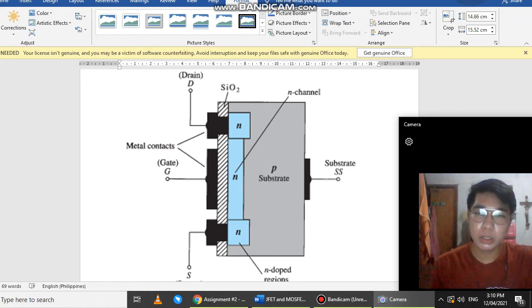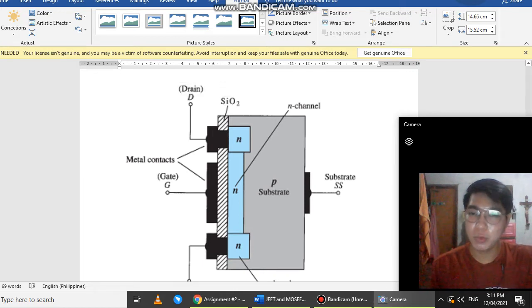So if you put a negative charge on this gate, basically there is already a channel connecting the two N-type semiconductors, which is also connected to both the drain and the source. So there is still an electron flow acting on this channel.